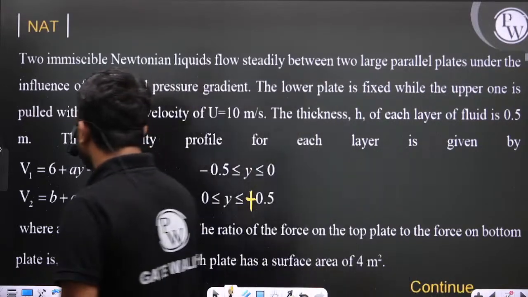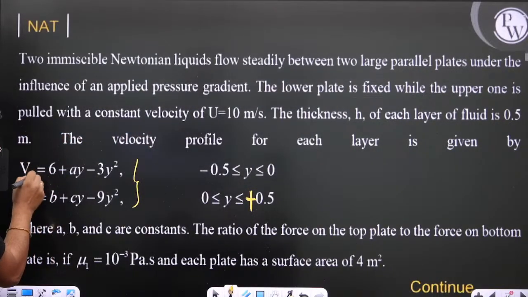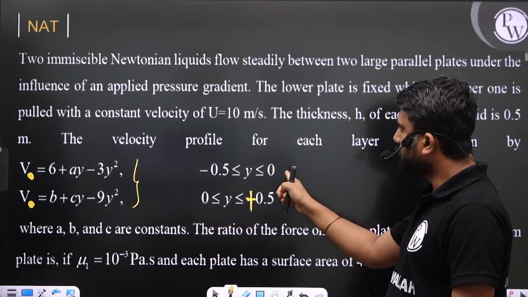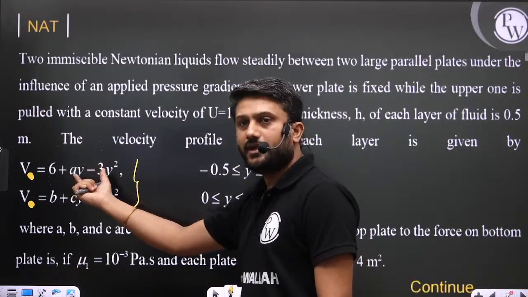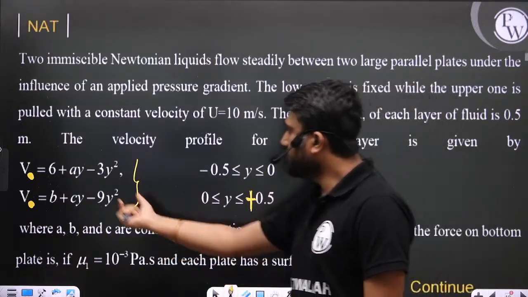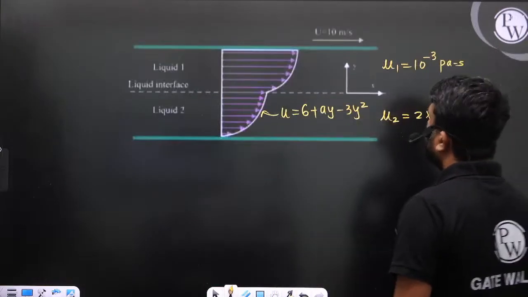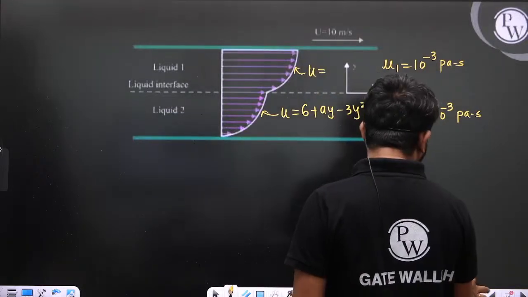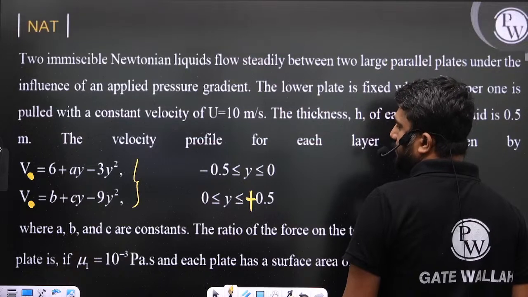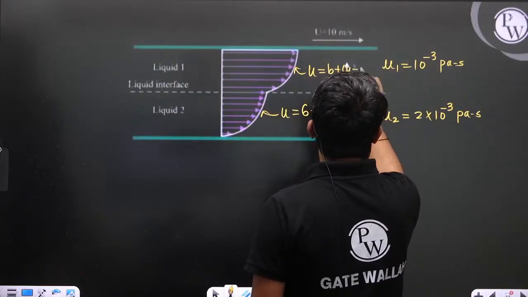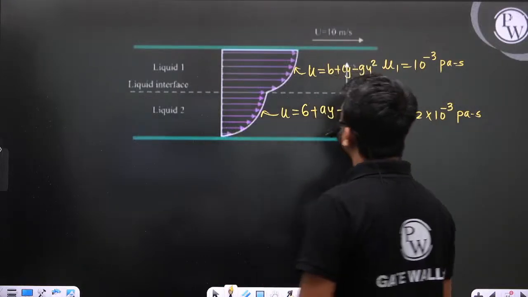And don't confuse, this is simply V. From minus 0.5 to 0, this is the velocity variation, and from 0 to plus 0.5, this is the velocity variation. So for this fluid, the velocity variation is u equal to B plus Cy minus 9y square.